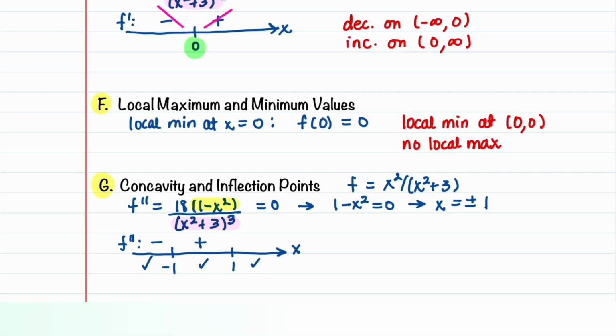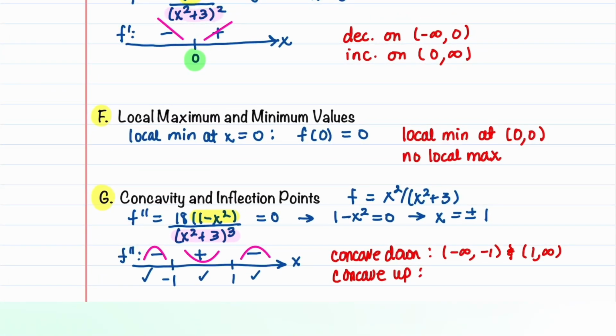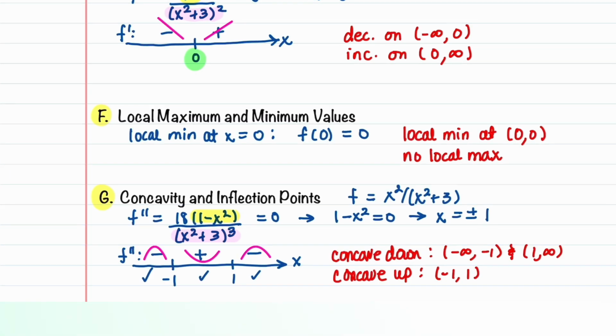And then in our right region, if we say x is 2, it's going to be negative. This tells us that our function is then concave down, concave up, and concave down in those regions. Let's go ahead and write that down. It is concave down in the region from minus infinity to minus 1, and in the region from 1 to infinity, and then it's concave up in the region in between, which is minus 1 to 1.